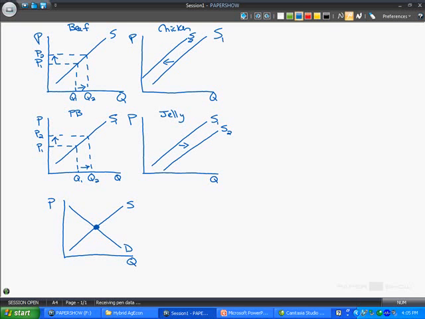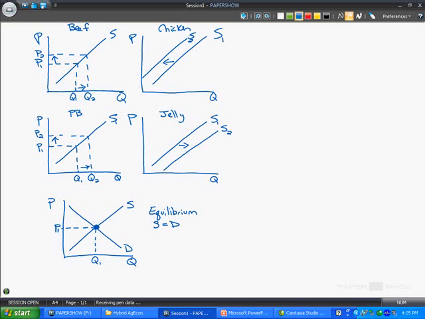And if we draw a dotted line to the left and label that as price, that would be where we set price. If we draw our line down, that would be where quantity is set. We call this equilibrium, and it's where supply equals demand.